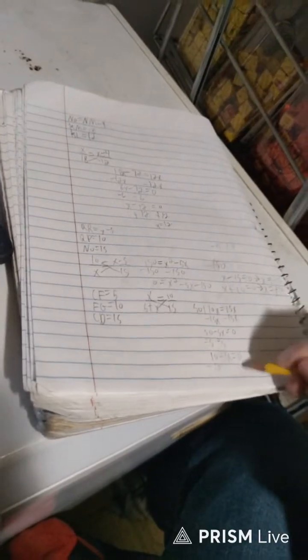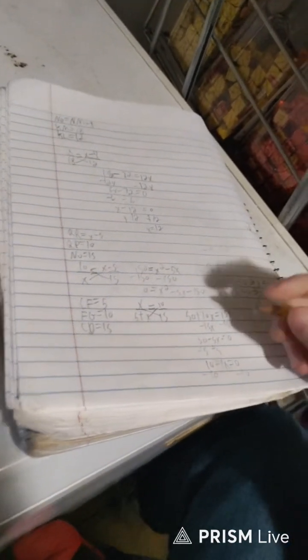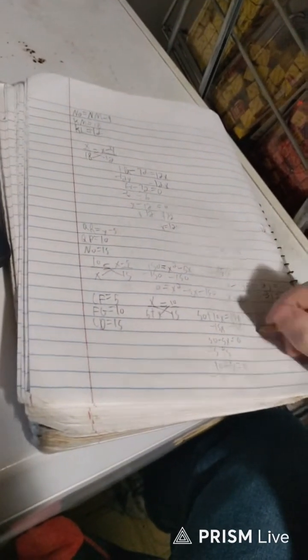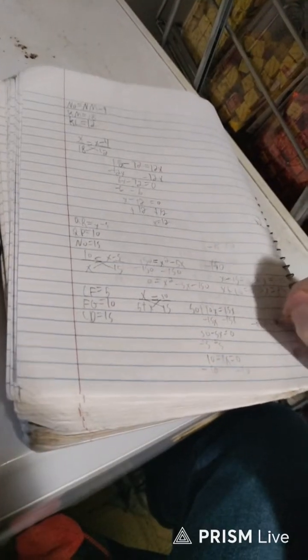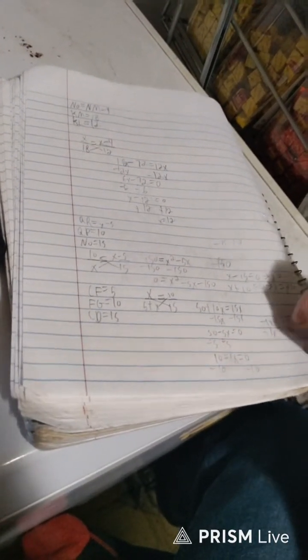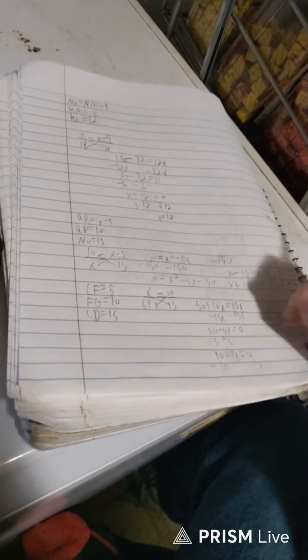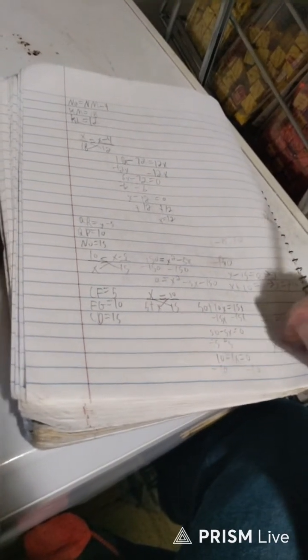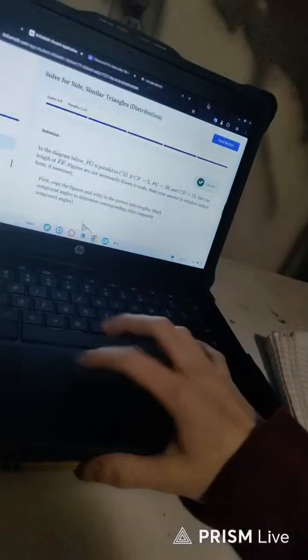So we can just do minus 10, and that is just negative 1. x is equal to negative 10. And we can divide that by negative 1x, and we get x is equal to 10. And is that correct? And that is absolutely correct.